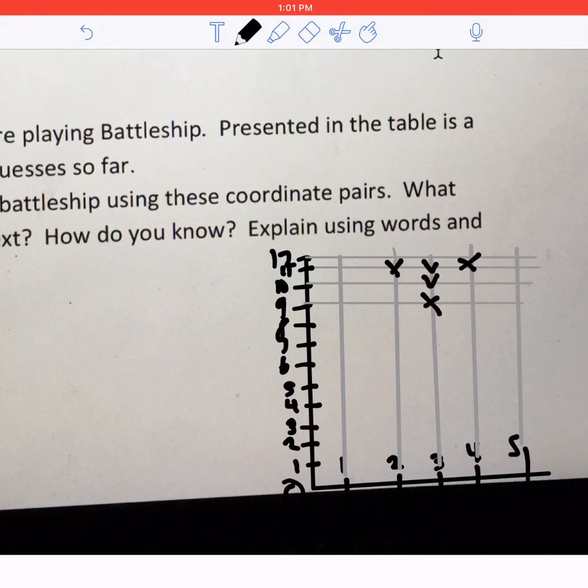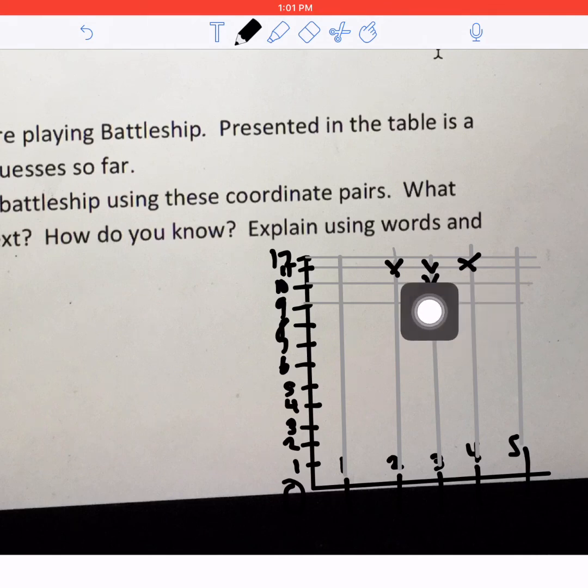I also want to make sure I'm hitting that battleship, so I'm not going to put a random point in the middle of a different spot, like over there. That would not really make sense as a next guess, just because I'm trying to hit that same battleship. So all of the points are up there, so I want to stick to somewhere in that region for the next guess.